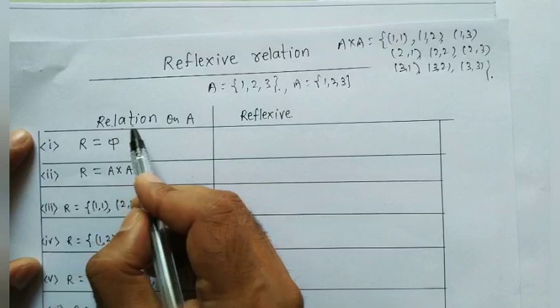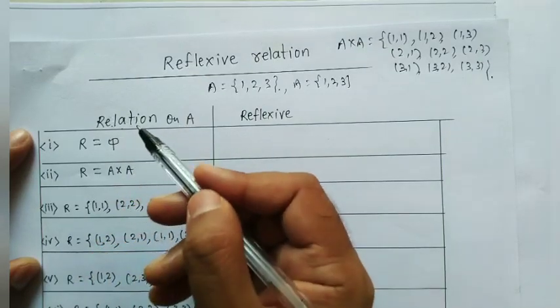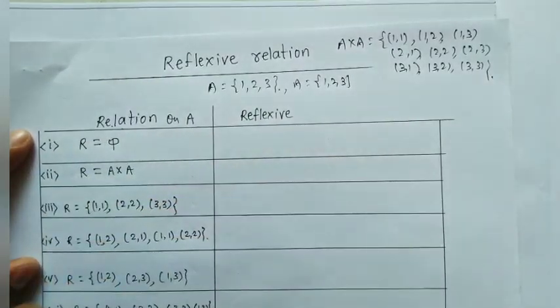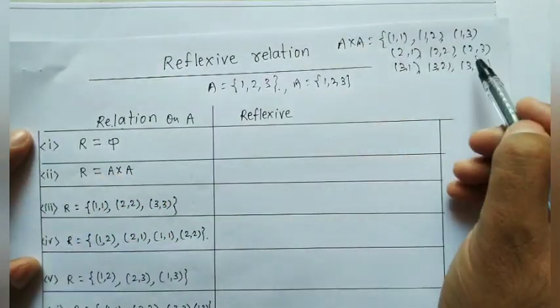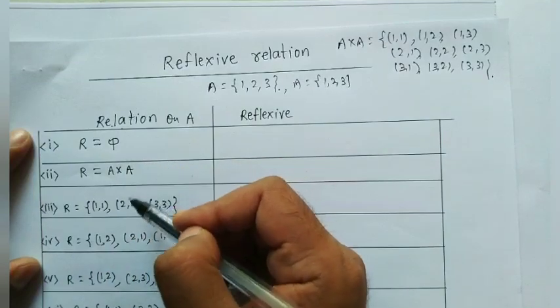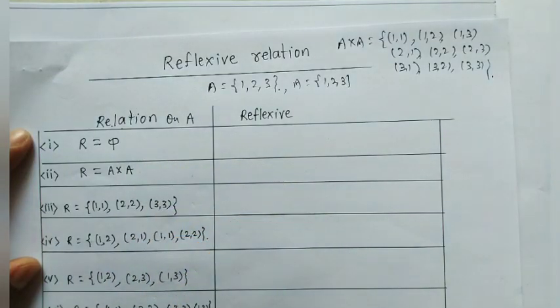So basically, what is a relation? You can recall, a relation is any subset of the Cartesian product of two non-empty sets. So this time a relation on set A is a relation on A cross A. A cross A is this. So these are the subsets, you can say. Is it clear?